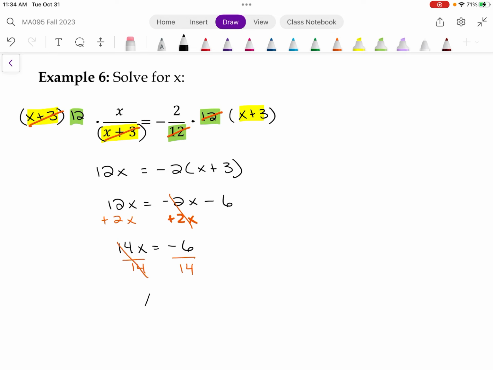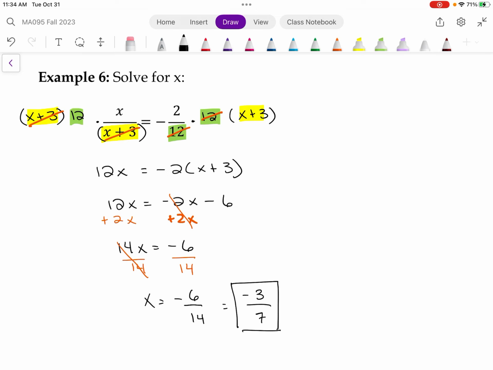And I get x equals -6 over 14, which reduces to -3 over, I'm dividing both of them by 2, over 7. Right, so both of them reduced by a factor of 2. And we get -3 over 7 as our answer.